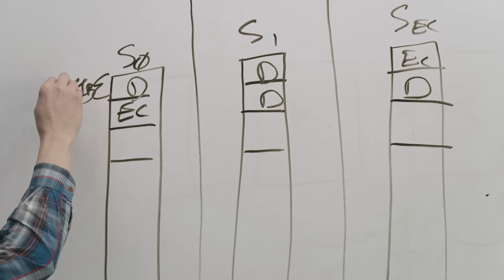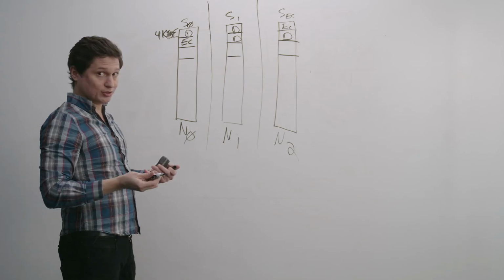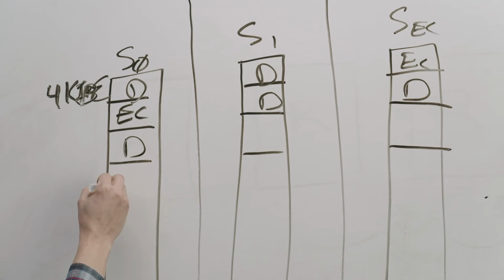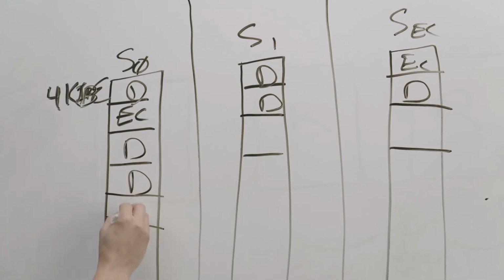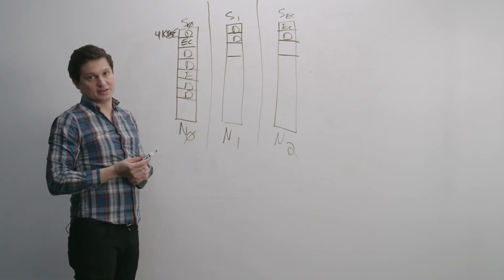Additionally, by virtue of the fact that we access at 4 kilobyte layers, or our block boundaries, we encounter a bit of a problem in that the erasure coding data now is splitting up the data as it's stored on disk.